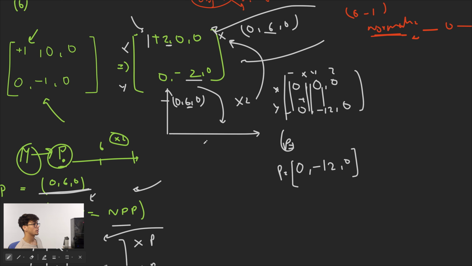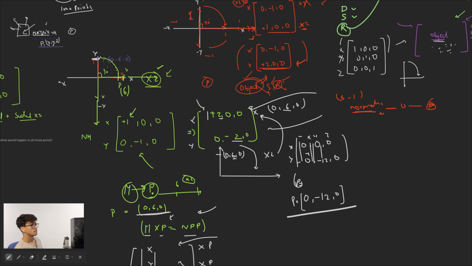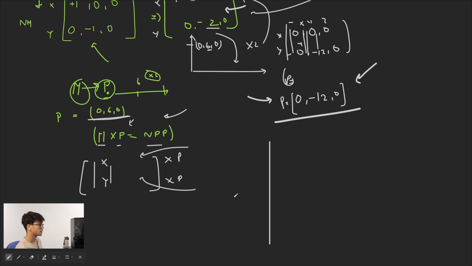So this point, which was here before rotation and before scaling, now has to shift to this position because of this new matrix. And when we visualize this, you will understand it totally.